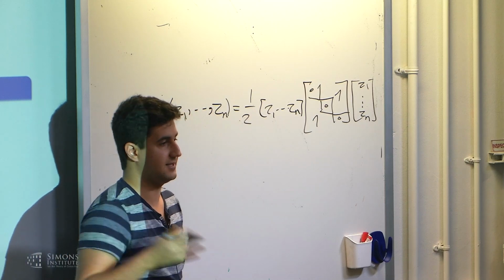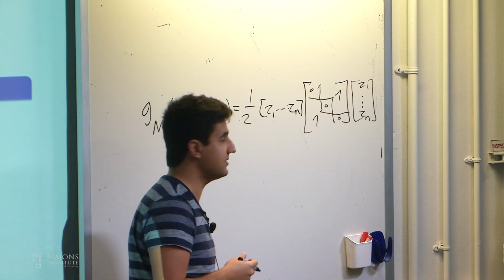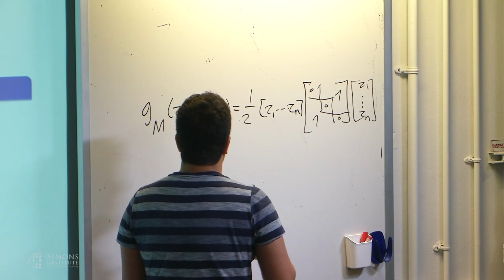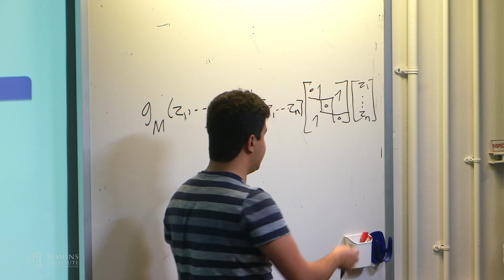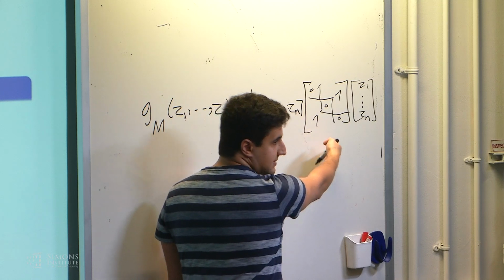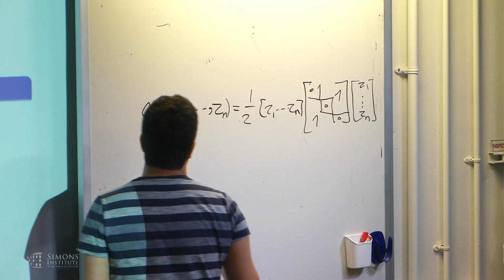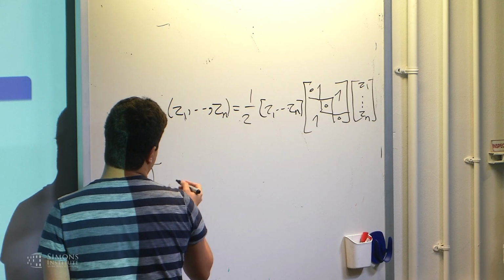Okay, you can just see that this is exactly the generating polynomial of the Matroid. So I have to verify that the Hessian of this thing has at most one positive eigenvalue, but of course the Hessian, I've already written it down for you. It's exactly this matrix. So why does this matrix have at most one positive eigenvalue?